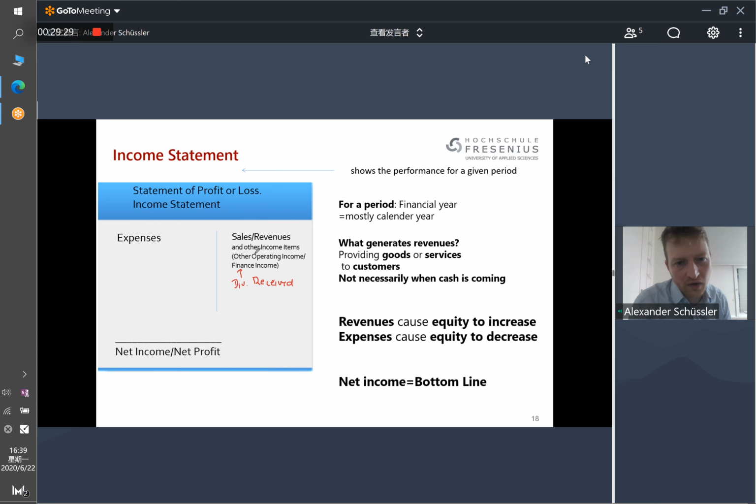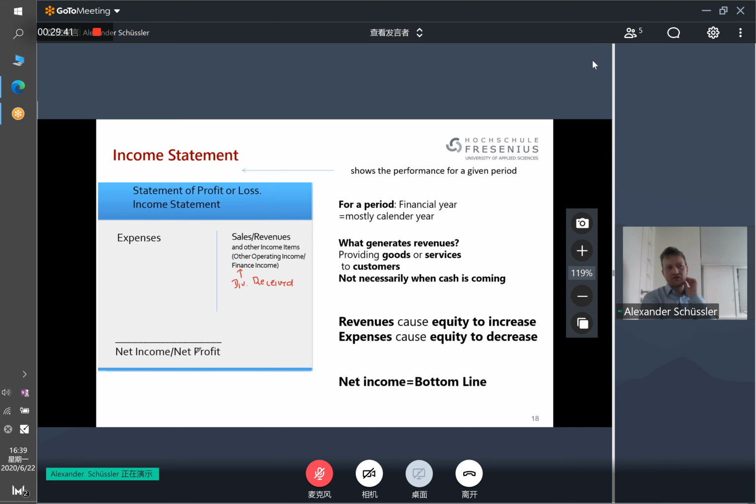When you deduct the left-hand side from the right-hand side, you have net income or net profit. The statement of profit or loss, or the income statement, is often the first statement in an annual report.